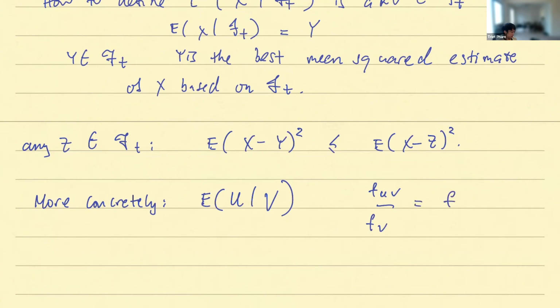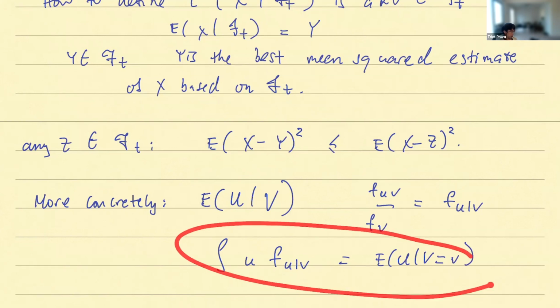So that's exactly f of u conditional on v. You would do something like an integral of u like this, and you have this funny notation, blah, blah. So there's that way.